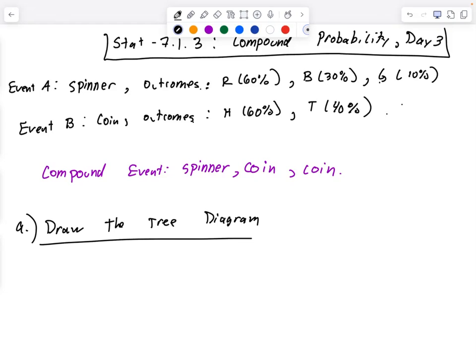Now, something to note. Some of the students in my AQR are learning just how to count how many outcomes. So how many outcomes are there in the spinner? 3 outcomes. And the coin? 2 outcomes. And the coin? 2. Which means there's going to be a total of how many outcomes in the end? 3 times 2 times 2? 12. There's going to be 12 outcomes in this problem.